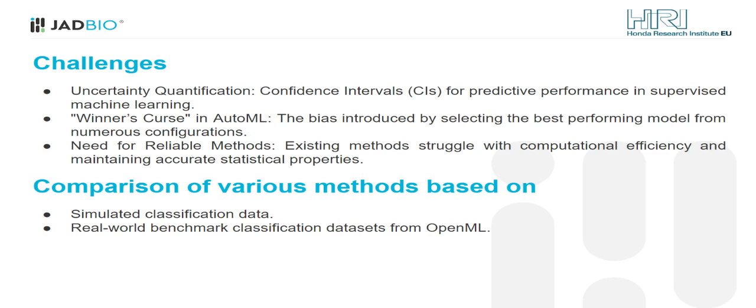We will be comparing various methods that create confidence intervals around predictive performance estimation, and we will apply these methods on both simulated classification data and real-world benchmark classification datasets from the OpenML website.